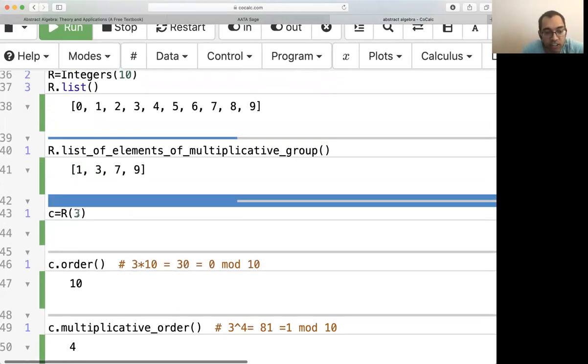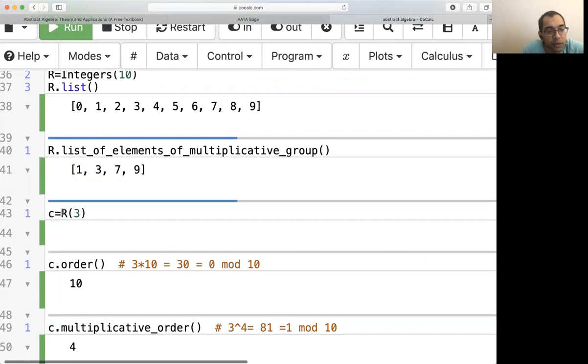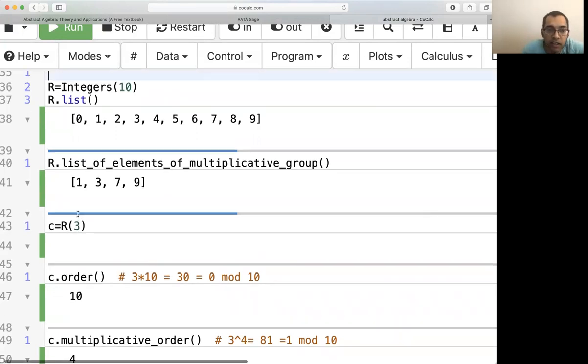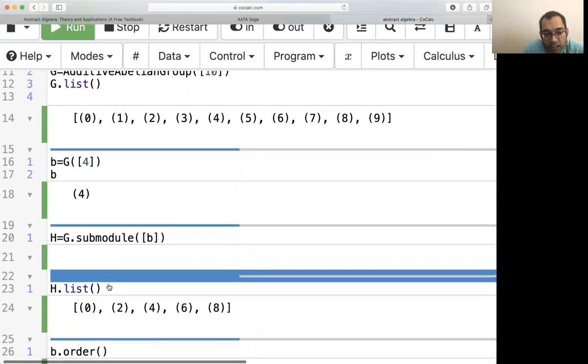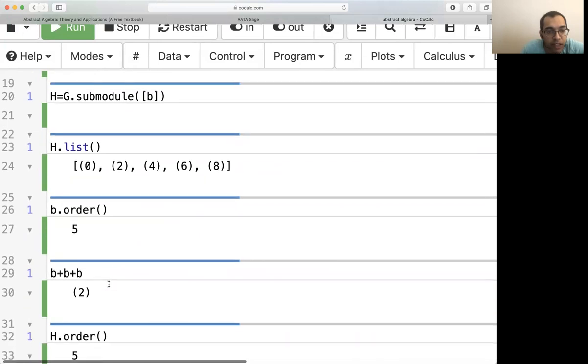Well, I can actually. That's what I did next. So I want to pick one of these elements like 3. And again, I want to tell Sage or coerce Sage into thinking of this number 3 as an element of this ring R. And so this is the notation. Now, again, there's no square brackets around the 3. Previously, using the additive abelian group, you need to have these square brackets. So that gave me a lot of confusion.